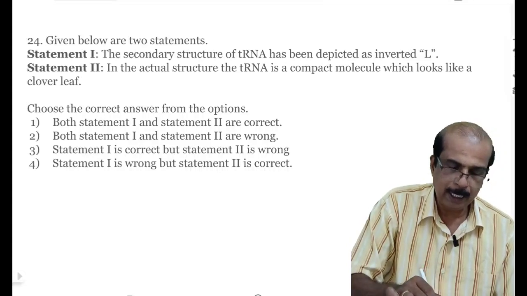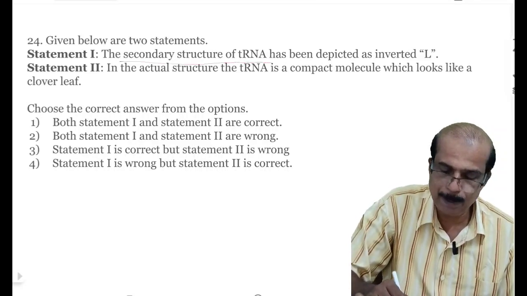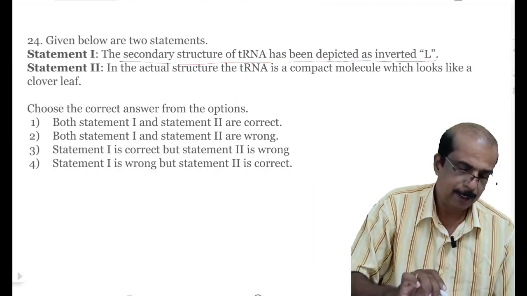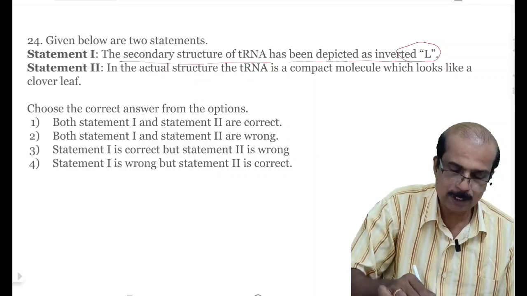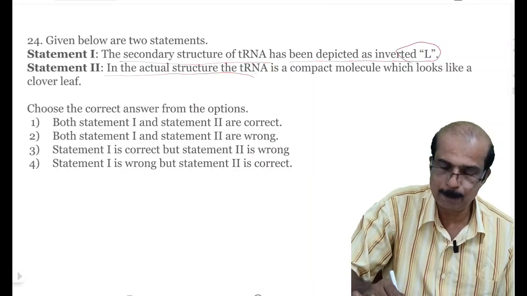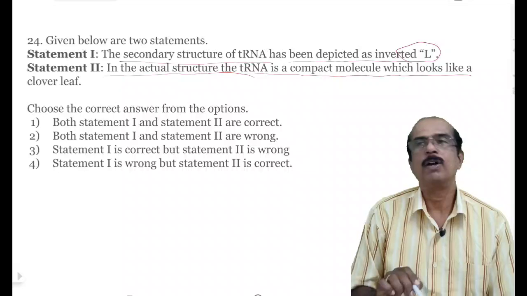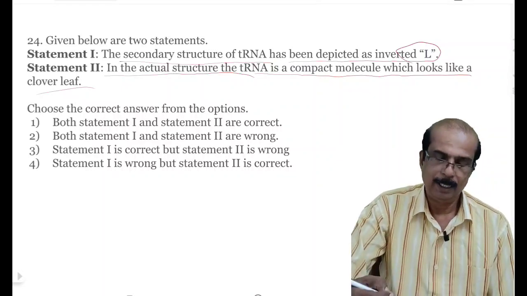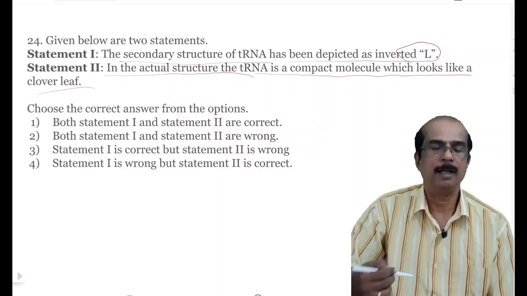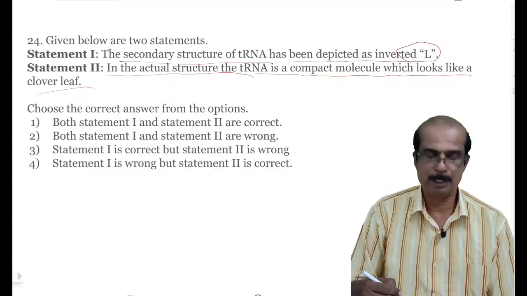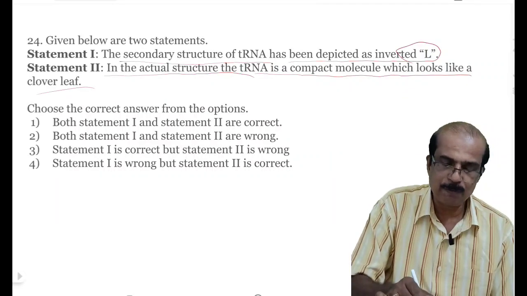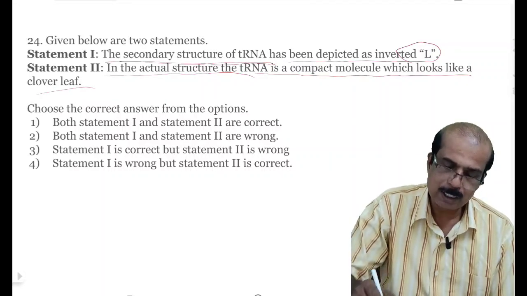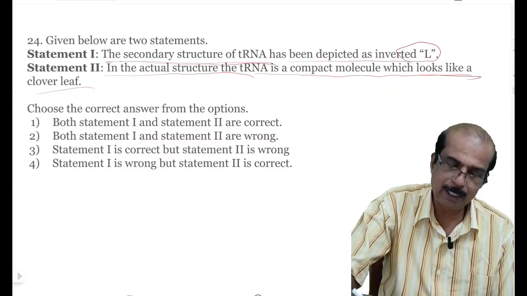Statement 1. The secondary structure of tRNA has been depicted as inverted L. Statement 2. The actual structure of tRNA is a compact molecule which looks like a clover leaf. Here the descriptions are misplaced. The secondary structure of tRNA looks like a clover leaf. Here it is clover leaf.